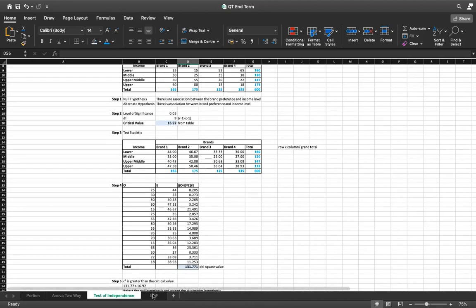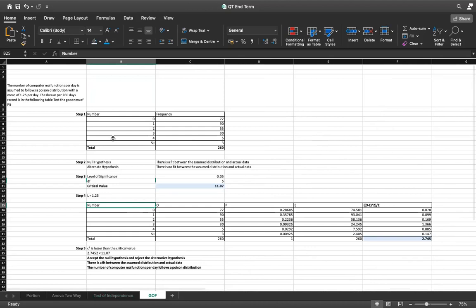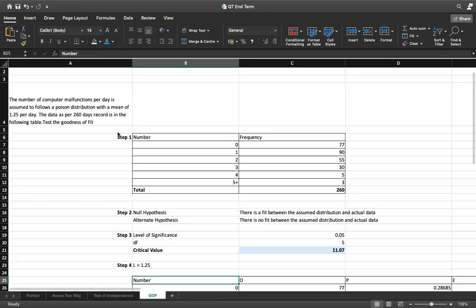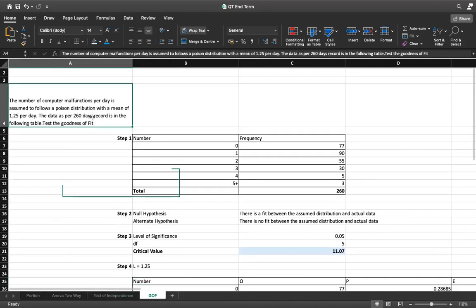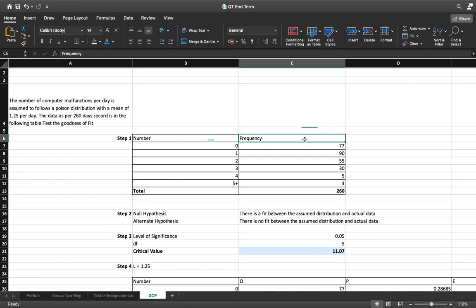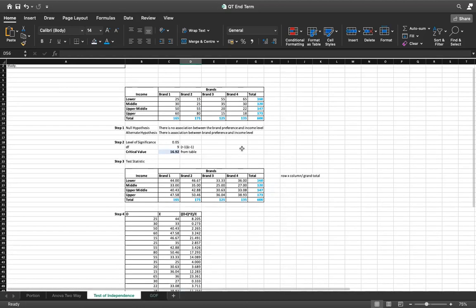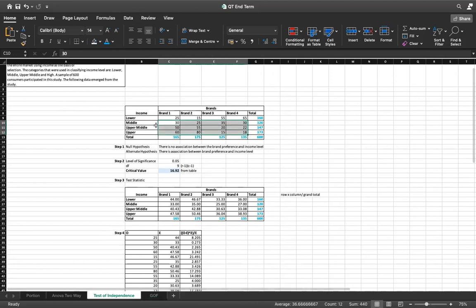Now your goodness of fit is this. Goodness of fit is basically, as I said, that there's only one single measurement unit. You can see there's just one frequency table out here, whereas the test of independence had multiple: they had income level and they had brands. That was like two measurement variables.